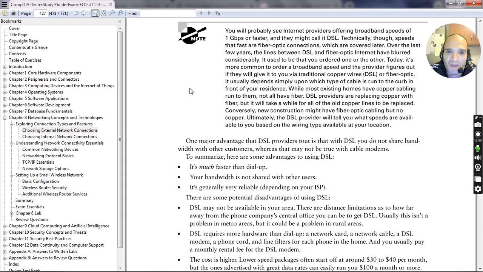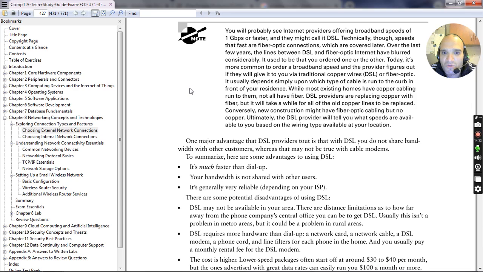And an additional note from the author of the book: you will probably see internet providers offering broadband speeds of 1 gigabps or faster, and they might call it DSL. Technically, though, speeds that fast are fiber optic connections, which are covered later. Over the last few years, the lines between DSL and fiber optic Ethernet have blurred considerably.